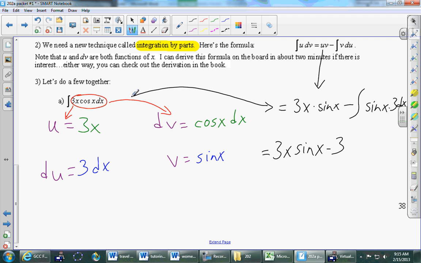What's the integral of positive sine x? It's negative cosine. So I'll put in parentheses, negative cosine. And I said we were going to stamp it once. We do it right there at the end. So that's it. Just change those negatives to a plus in this case, and we're done.